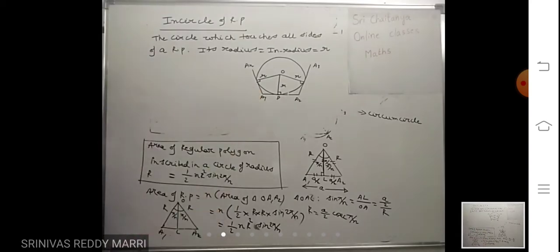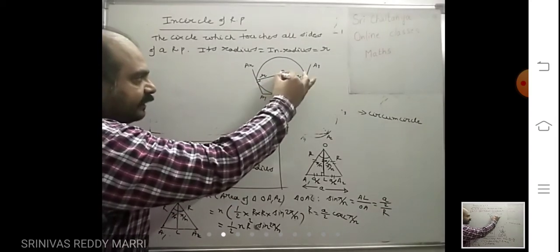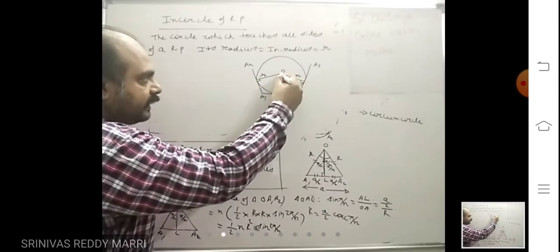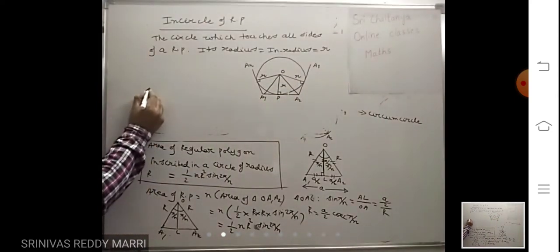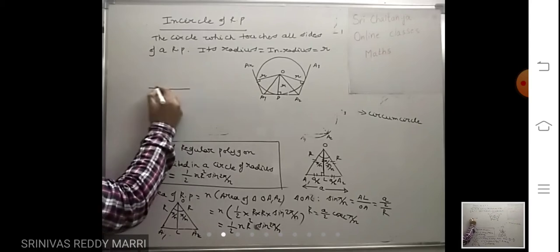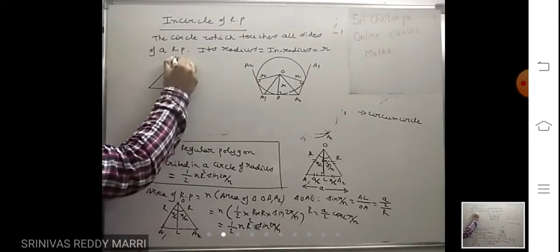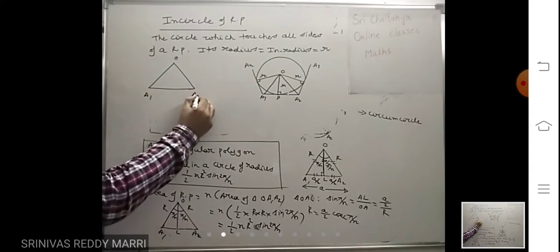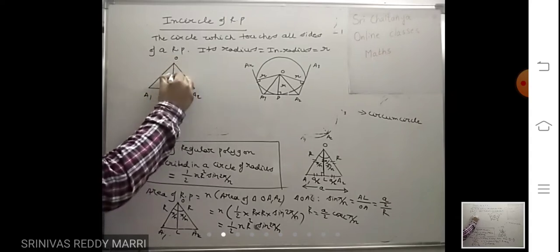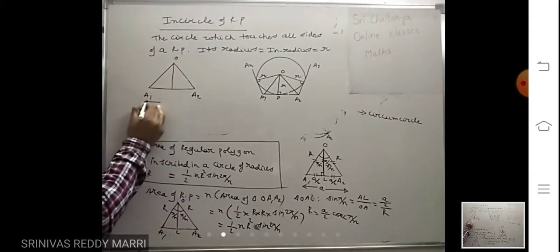Now I want to calculate a formula for small r. Look at here. I am joining these triangles. Look at this triangle O, A1, A2. Let us say the side length is a.